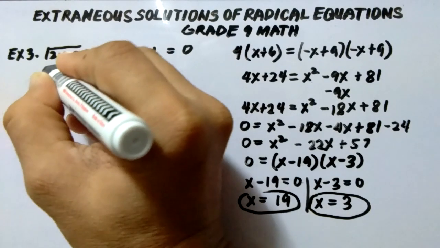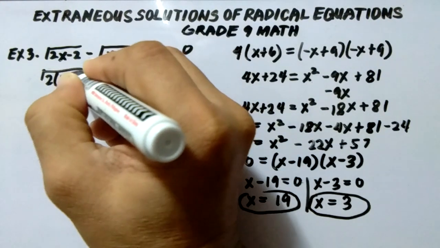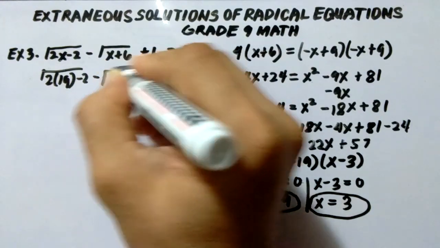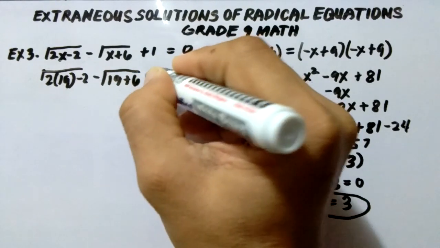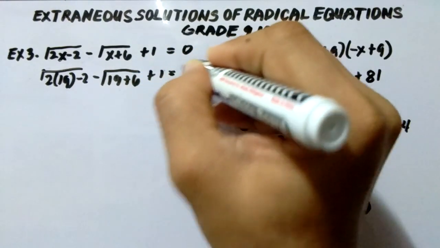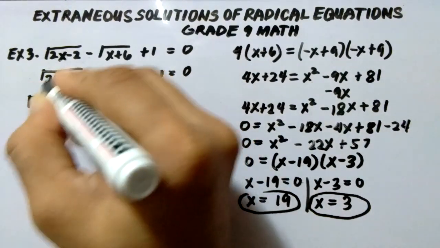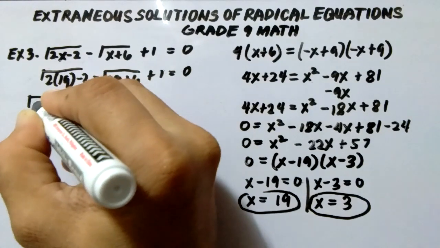Okay, checking po natin. So, we have square root of 2 times 19 minus 2 minus square root of 19 plus 6 plus 1 is equals to 0. So, we have square root of 2 times 19. That is 38.